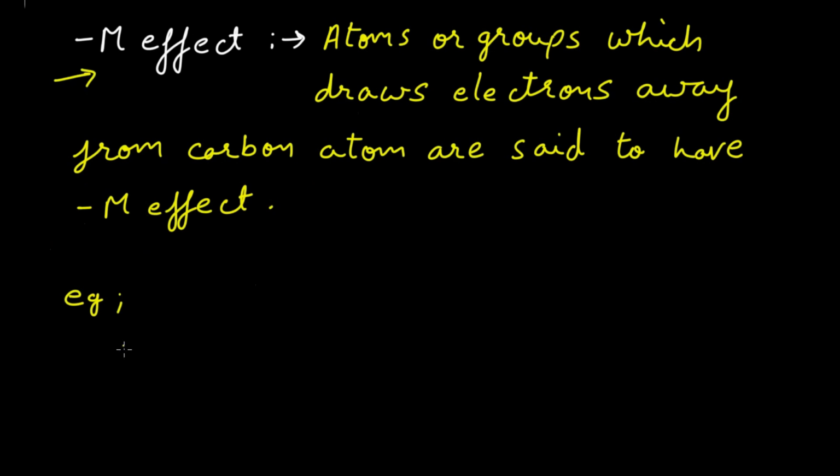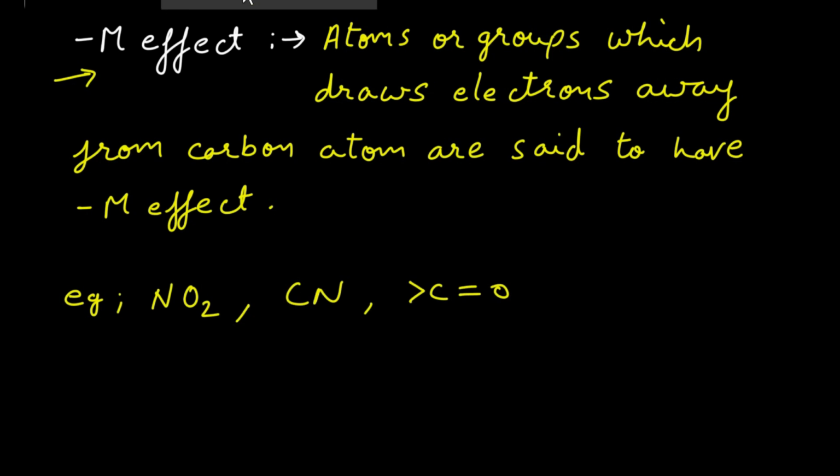Examples of these kinds of groups are NO2, CN, CO. These are the groups which are electron acceptor. They will accept electron from carbon atom and draw the electron towards themselves. So they will show -M effect.